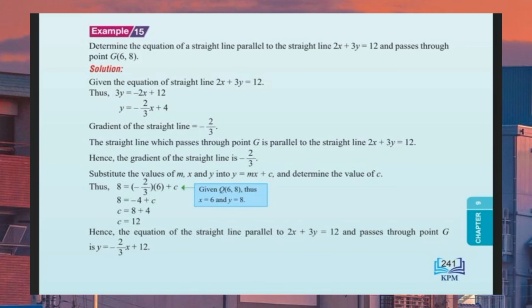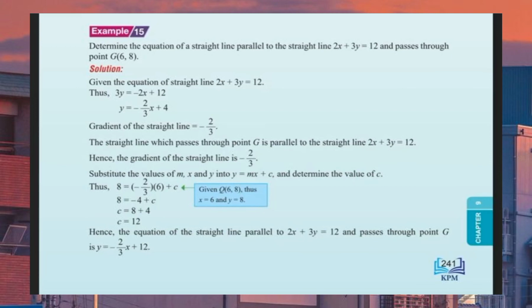The straight line which passes through point G is parallel to the straight line 2x plus 3y equal to 12. Hence, the gradient of the straight line is negative 2 per 3. Substitute the values of m, x, and y into y equal to mx plus c and determine the value of c.